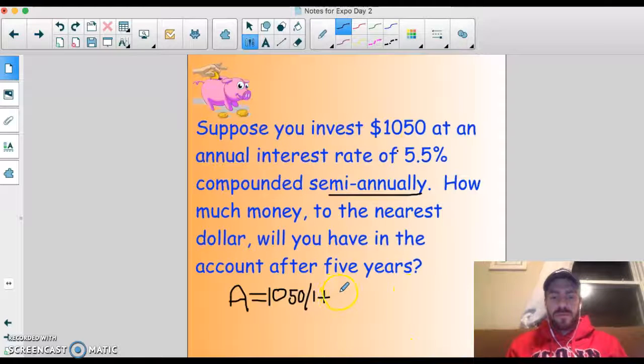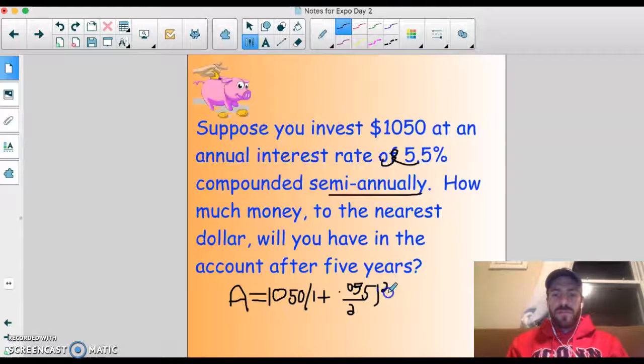It has to be a decimal, so it's 0.055. If you forget how to get there, you can divide our percentage by 100, which is the same thing as just moving the decimal place twice to the left. So you get 0.055. All over our n, in this case semi-annually, which is 2.